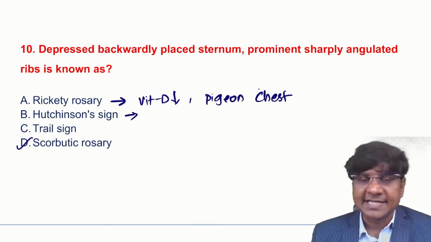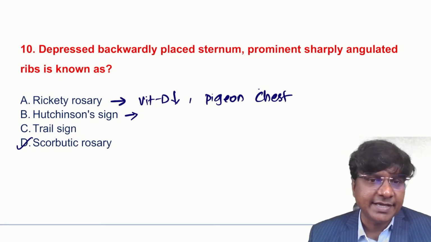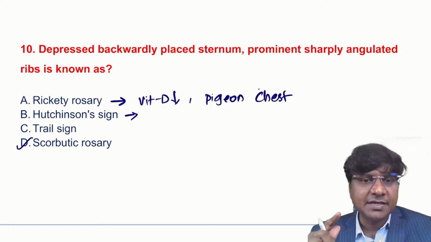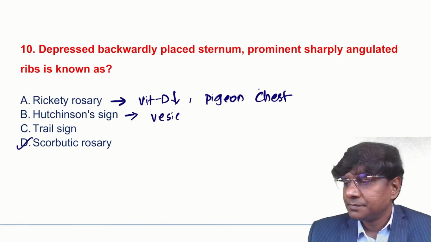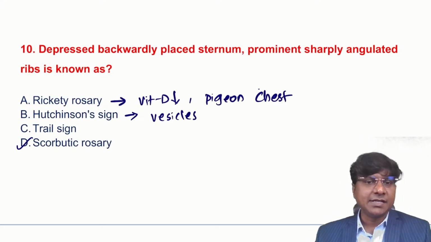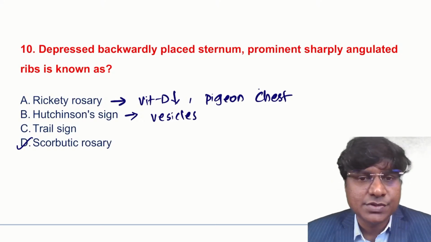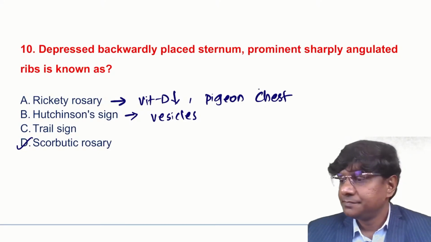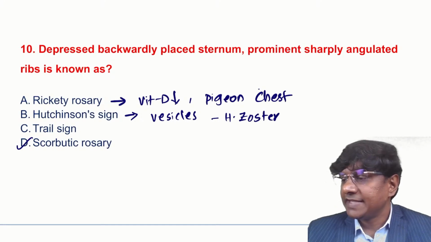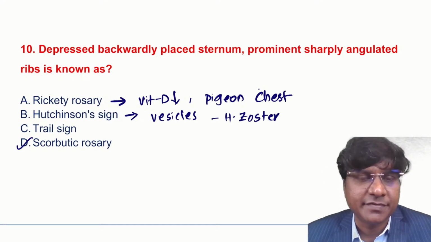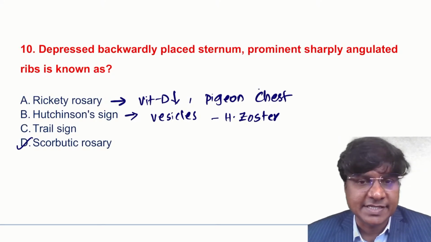And you take the Hutchinson sign. What is this Hutchinson sign? Hutchinson sign is nothing but the vesicles on the tip or side of the nose in ophthalmic herpes zoster infection. Right, the presence of the vesicles on the tip or side of the nose is the Hutchinson sign.